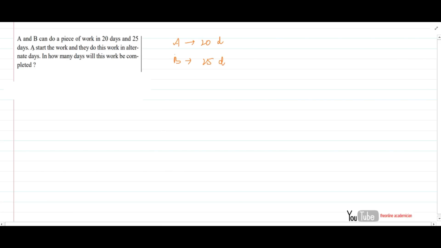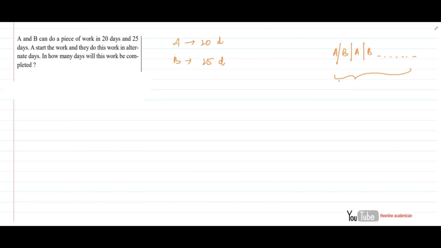A starts the work, and they do the work alternately. That means on the next day B does it, on the third day A does it, on the fourth day B does it. So we have to find the days in which the whole work will be finished.